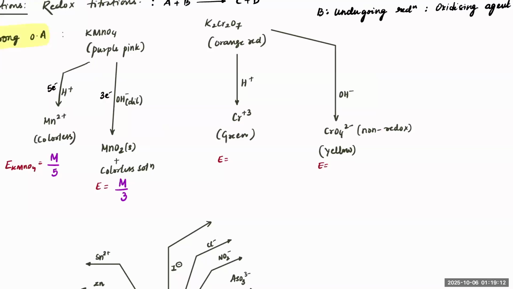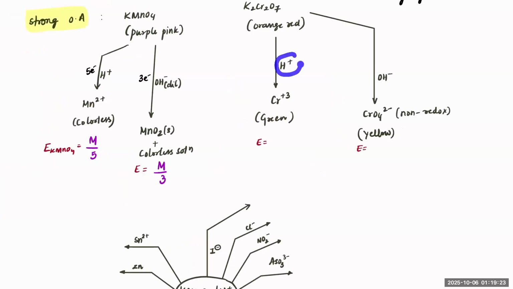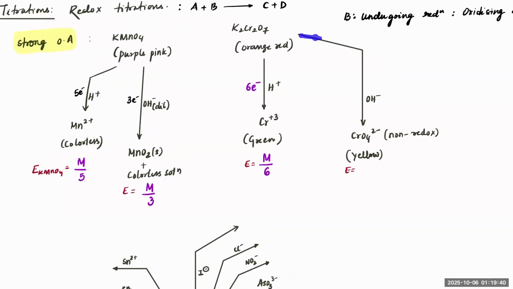Similarly, K2Cr2O7 is orange-red crystals, and in acidic medium it will convert into a green solution. Here it will be molecular weight by 6 because it gains 6 electrons. While in basic medium there is only a color change, it is a non-redox reaction.